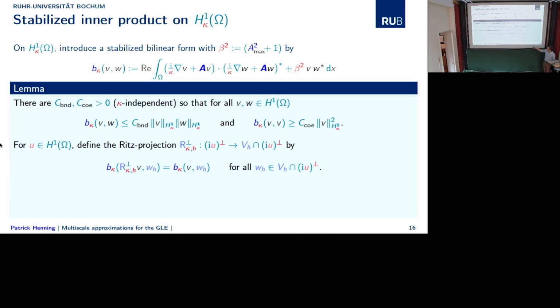But still, if you do that, you can prove that the error between any function v orthogonal to IU and the Ritz projection is as good as the best approximation. And two things to note here. This is not a fully trivial result, because here we project into the intersection of the finite element space and that complement, whereas here it's gone.